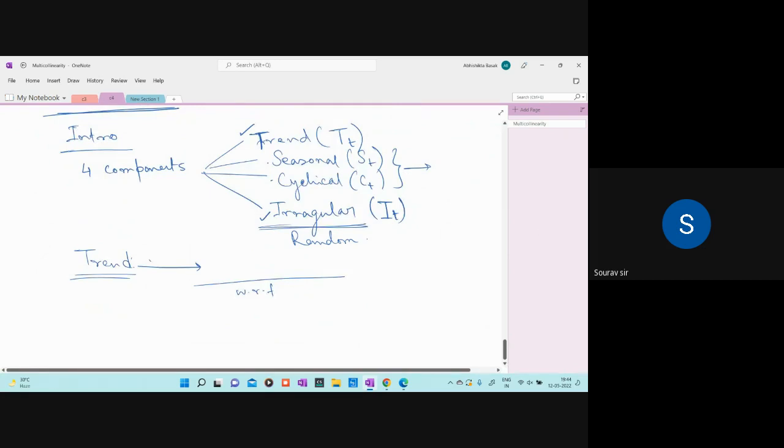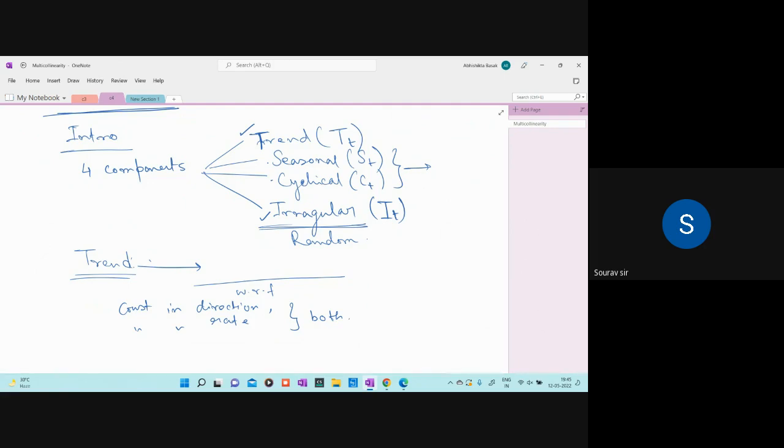Over a long period of time, it is definitely going to show a tendency, and such a tendency may be constant in direction, may be constant in rate, and not only that, the change may be in the direction or in the rate as well. So maybe in both. This is reflected by this major component of the time series, which is called trend.